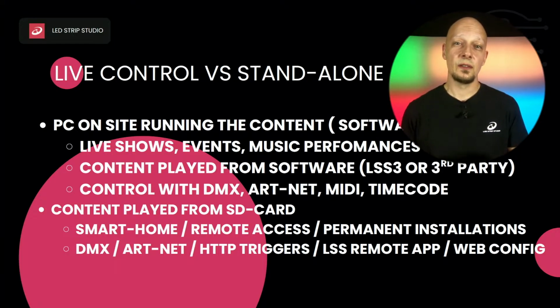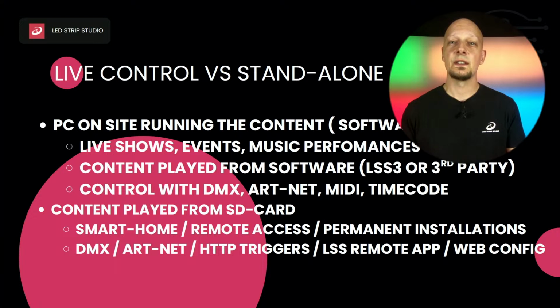Those are the use cases for the standalone capabilities to control the effects playing on your pixels. Basic options that you can use for this are DMX again, ArtNet also, then HTTP triggers, and the LSS remote app that is available for Android and also for iOS, where you can control different aspects of the animations, and also play the animations.